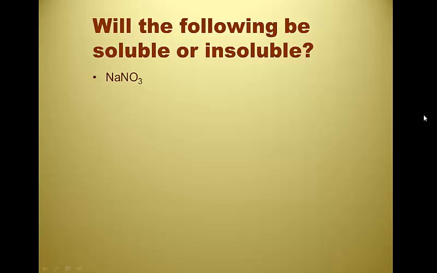Alright, so here's our first example. An ionic compound, metal and a nonmetal, sodium's a +1, nitrate's a -1, written appropriately, this is sodium nitrate. Sodium nitrate, the solid, is placed in water. Will the sodium nitrate dissociate into the sodium ions and the nitrate ions, or will it stay as a solid and just sink to the bottom of your beaker?